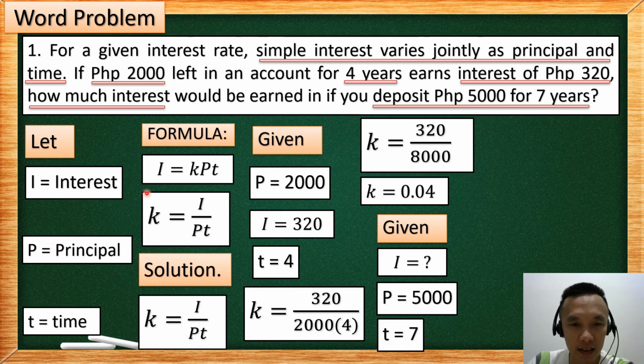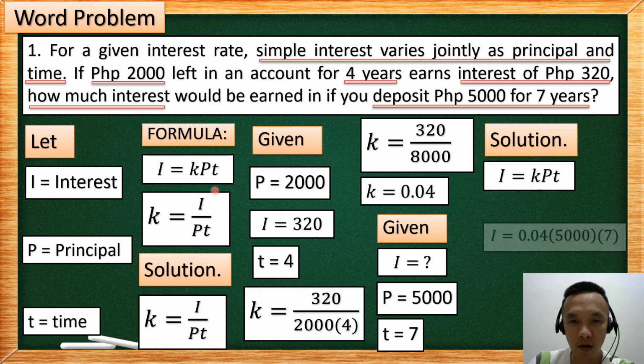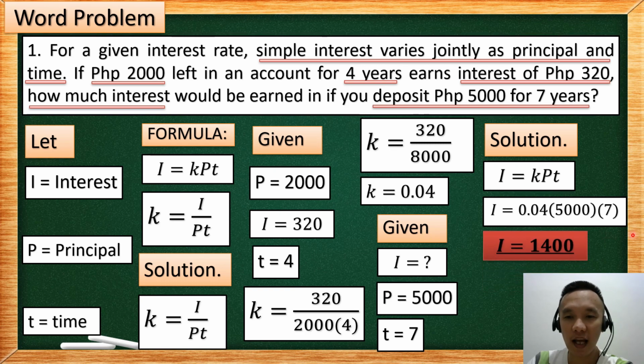Then using this formula, I equals K times P times T, we just substitute the value of our K, which is 0.04, our new P, which is 5,000, and our T, which is 7. Then multiplying the numbers, you will have I equals 1,400 pesos.